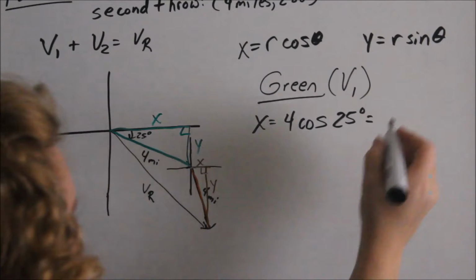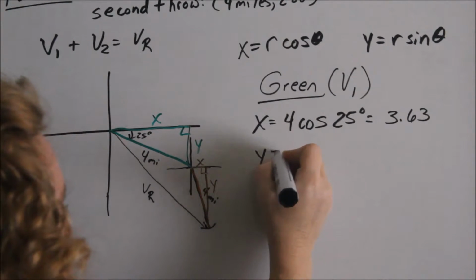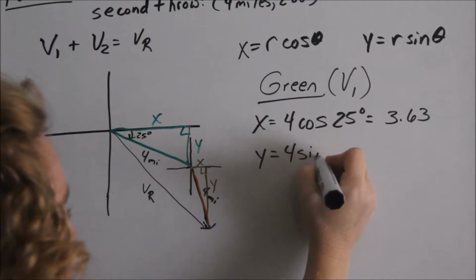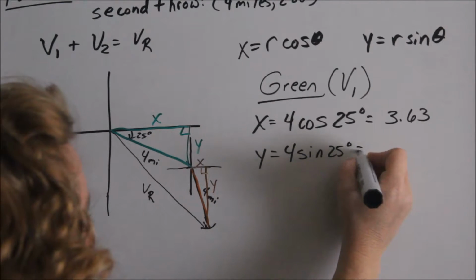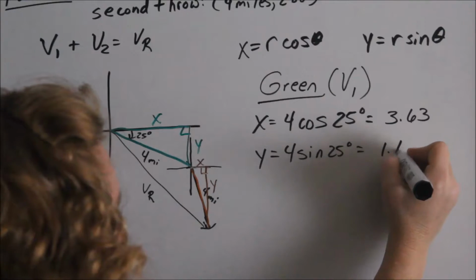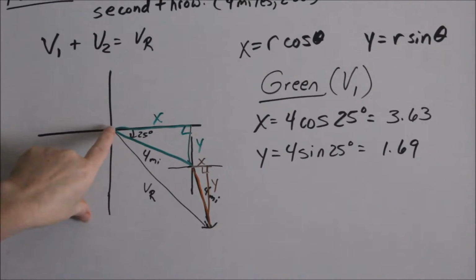That came out to 3.63. To determine my y distance, I can do 4 sine of 25 degrees, and that comes out to 1.69.